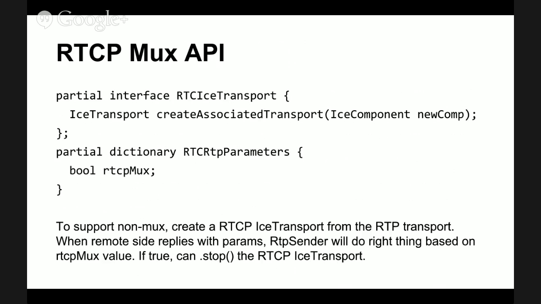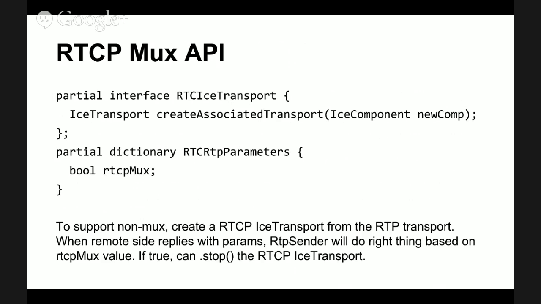And so the way you end up using this is that if you're going to support non-RTCP-MUX, you create the RTP transport the normal way. You then create the RTCP transport from the RTP transport, and then in the params, you'll have a value indicating whether you can do RTCP MUX.